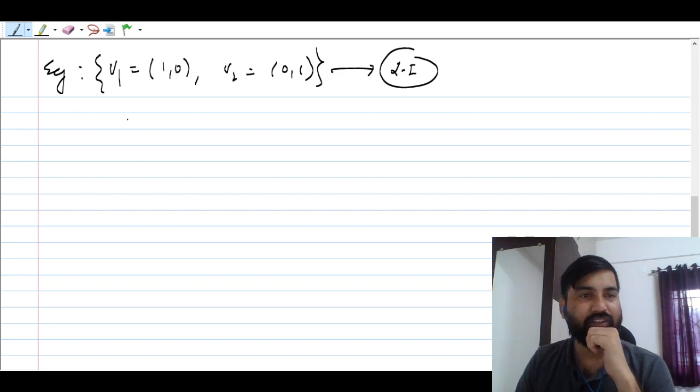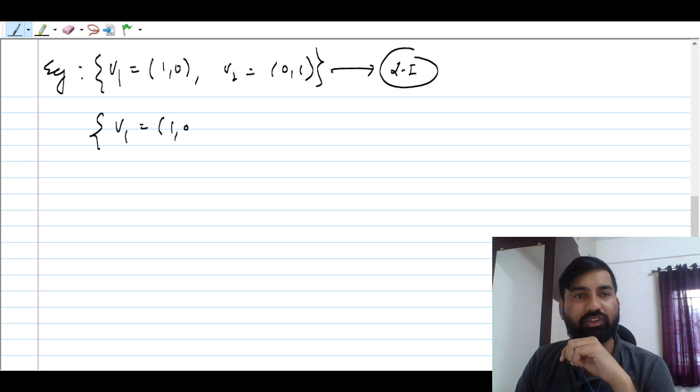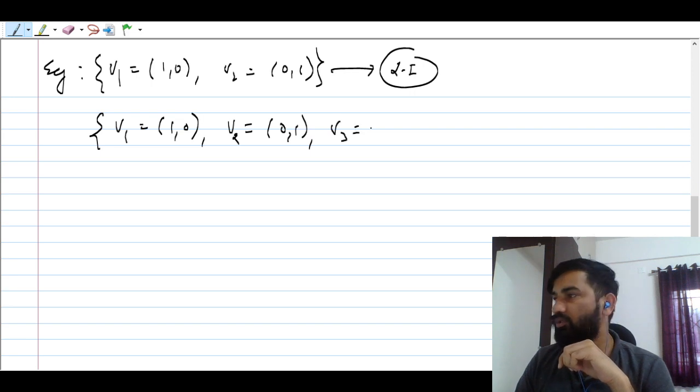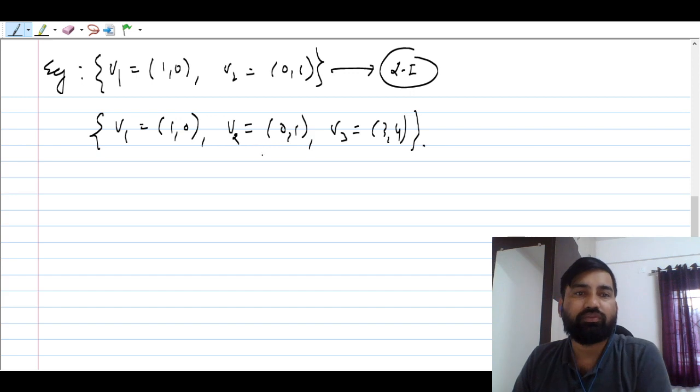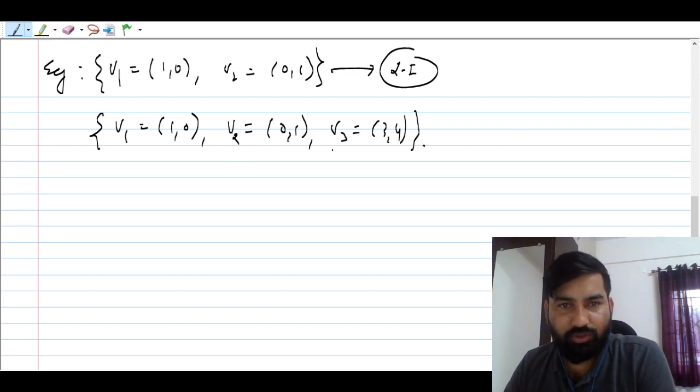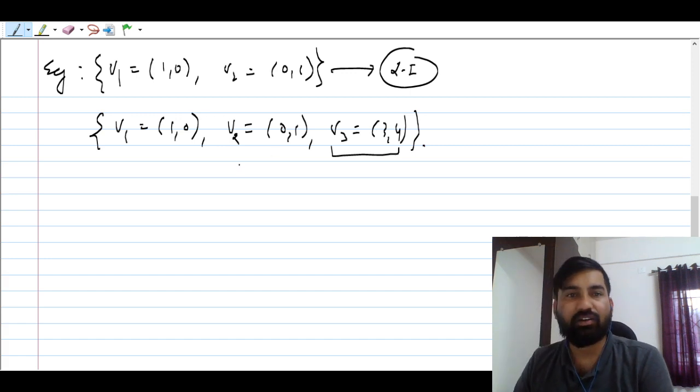But suppose you have three vectors, v1 equal to 1 0, v2 equal to 0 1, and v3 equal to 3 4. See, you can get this vector v3 by taking the linear combination of these vectors.